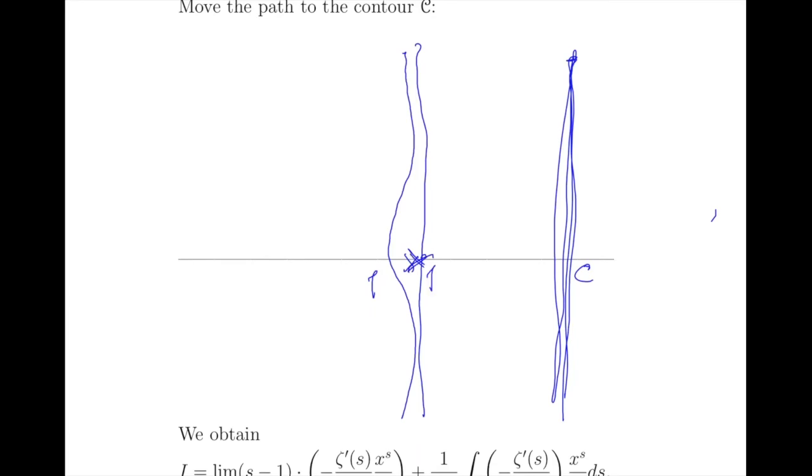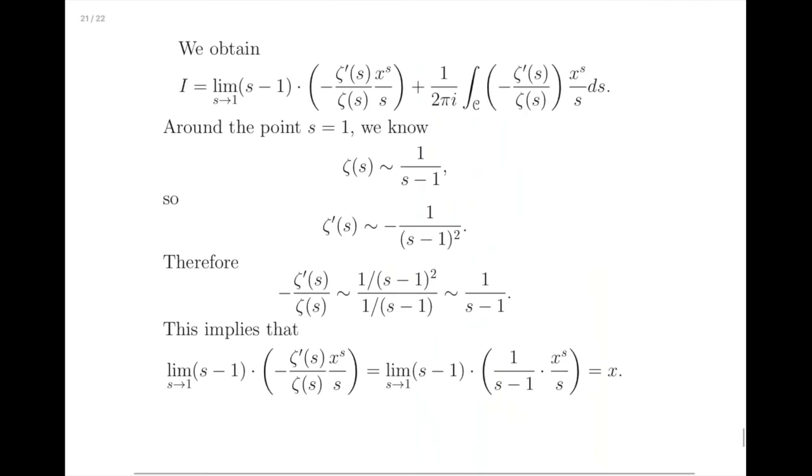There are no zeros of the zeta function, so the only singular point is s equal 1, and this singular point gives a residue, which is this one here.